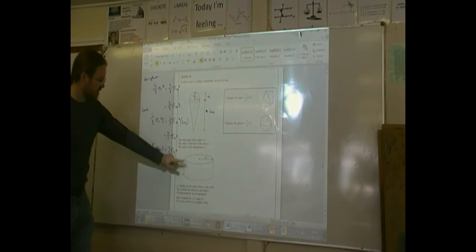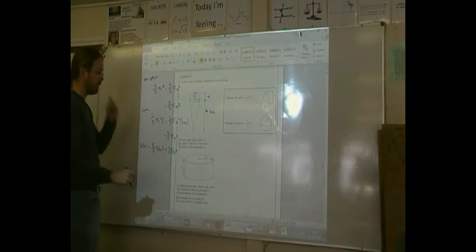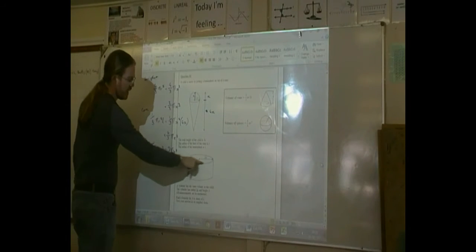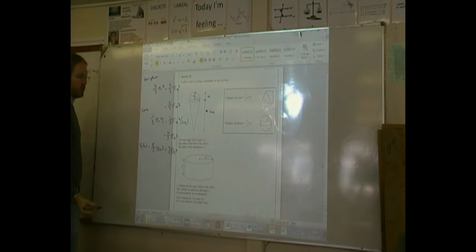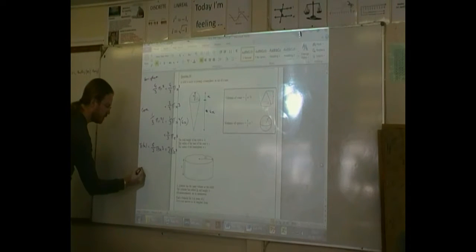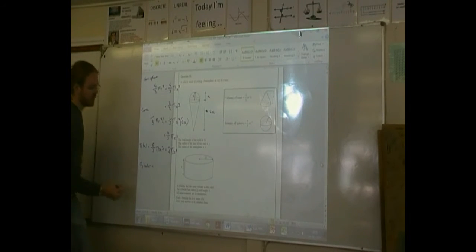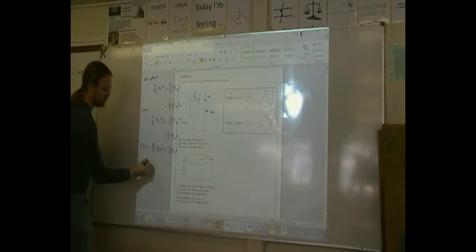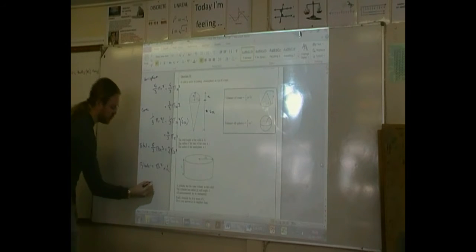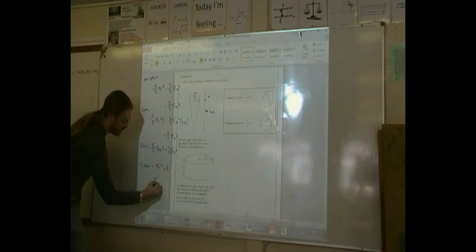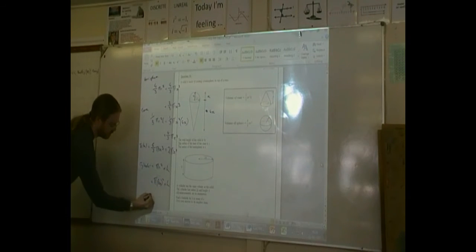What about our cylinder? Well, that's going to be the area of the top face times the height. So the area of the top face is pi r squared, times the height. The radius is 2x, so that's pi times 2x squared times the height.